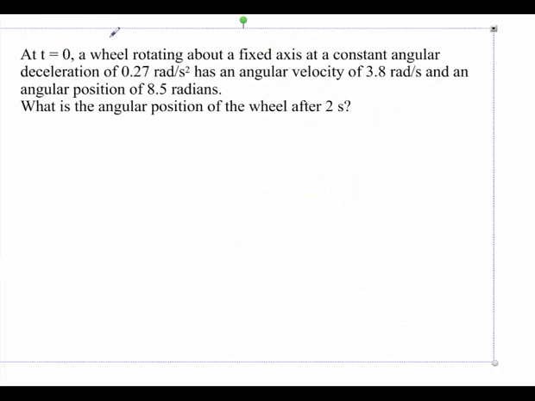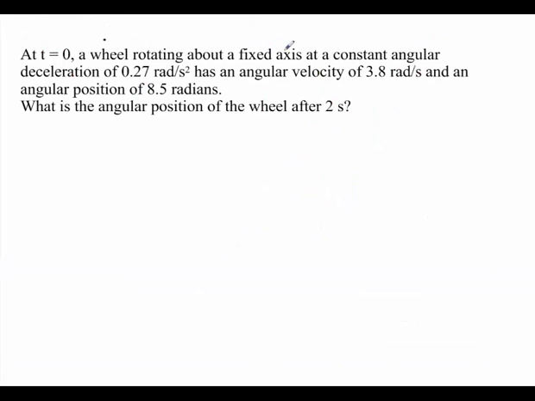At time equals 0, a wheel is rotating about a fixed axis at a constant angular deceleration. So immediately we know that alpha is equal to negative 0.27 radians per second squared.